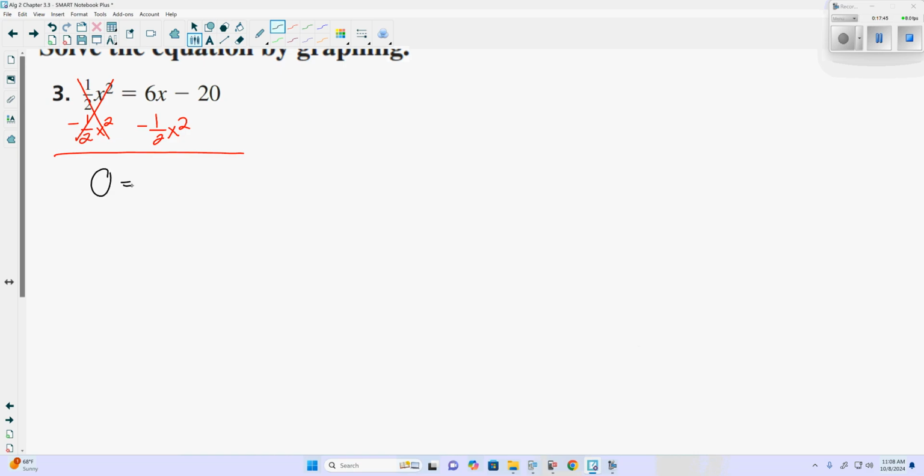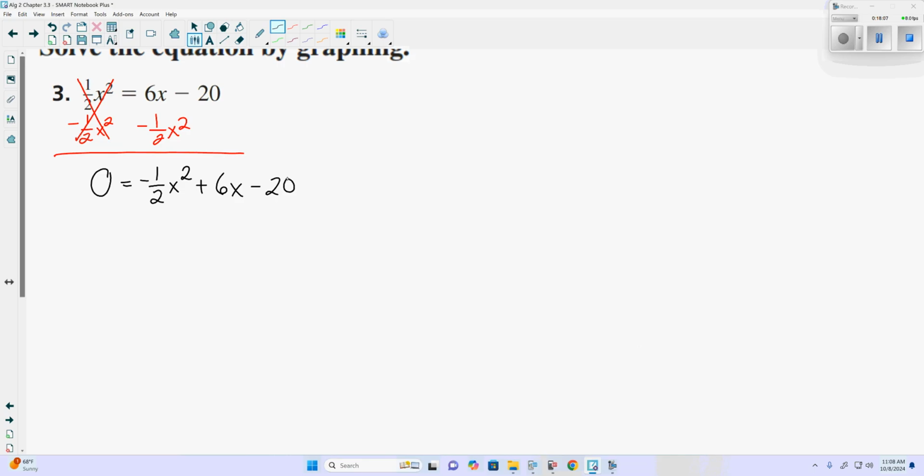Here, if we subtract 1/2 x squared from both sides, the ones on the left simplify out, become 0, and give us -1/2 x squared plus 6x minus 20. Questions on how we got to this point here?